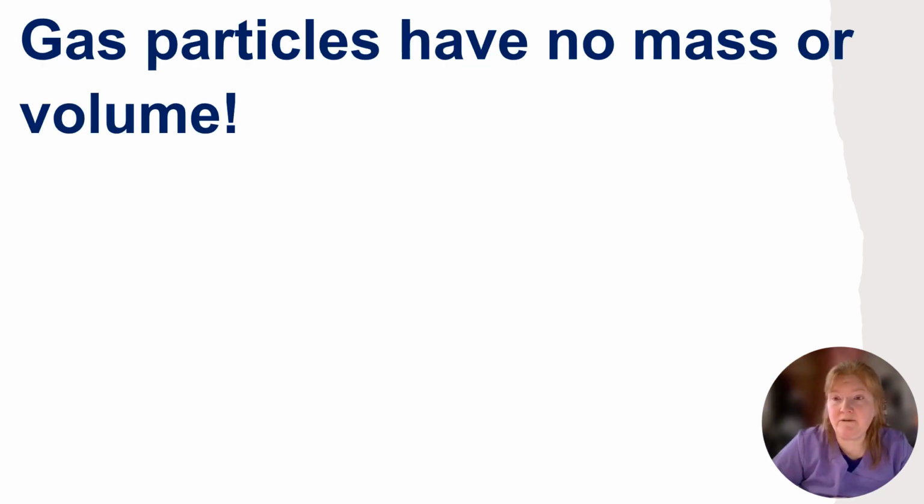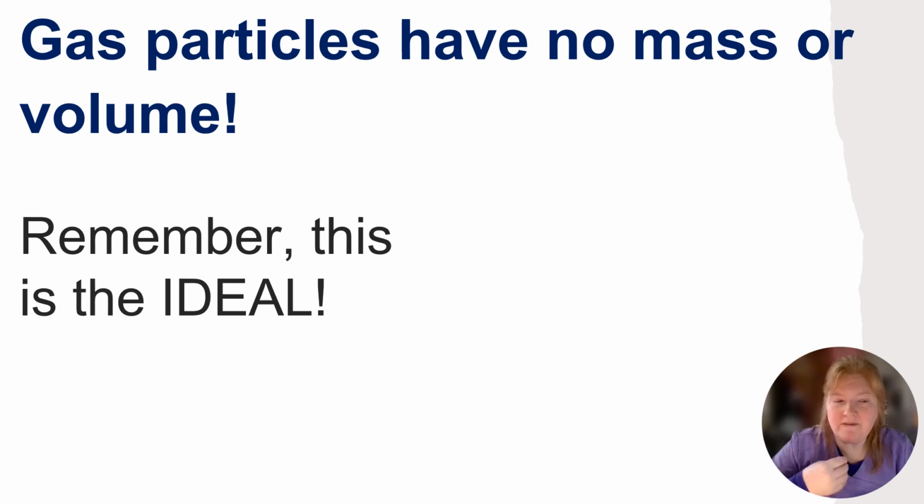Gas particles have no mass or volume. So remember, this is the ideal. It doesn't really exist because gas particles obviously have some mass. Even the smallest, like hydrogen and helium, they do have mass. So we're talking about the ideal. And in order to do some calculations based on ideal gases, we're going to assume the particles have no mass or no volume.